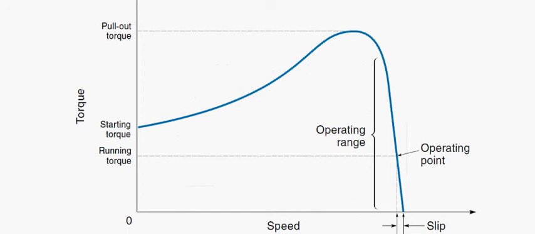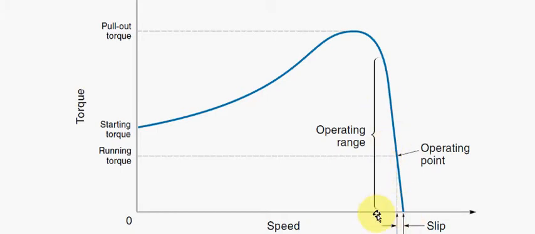Okay, moving on. So here we have the torque, a typical torque curve of a motor. Now, like I said, we are assuming that the slip remains constant. As you can see, a very small amount of slip change produces a large amount of torque change.